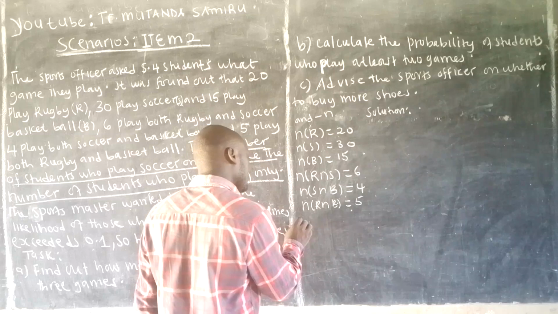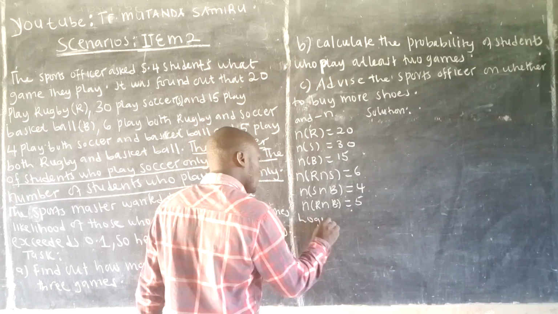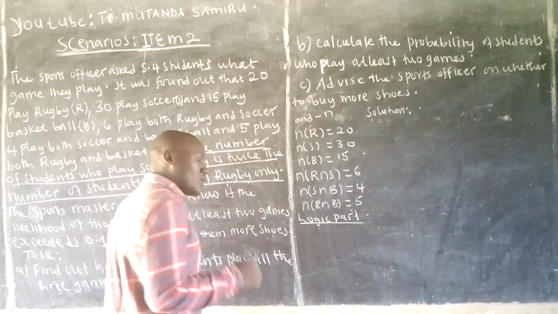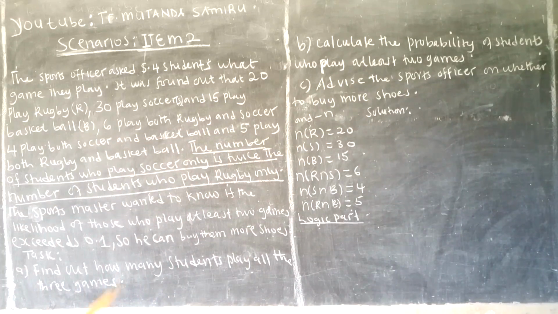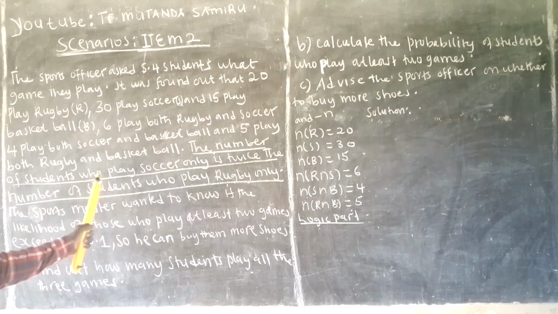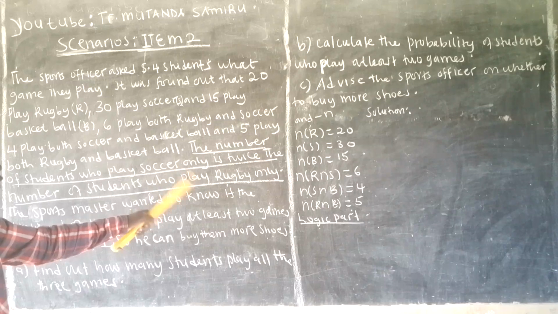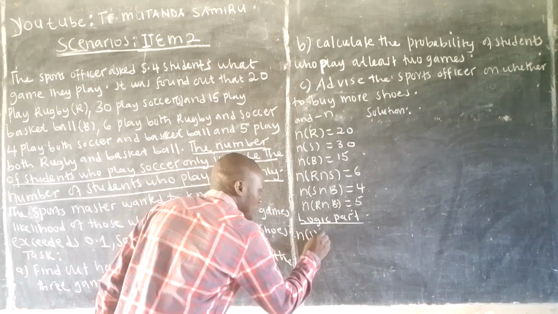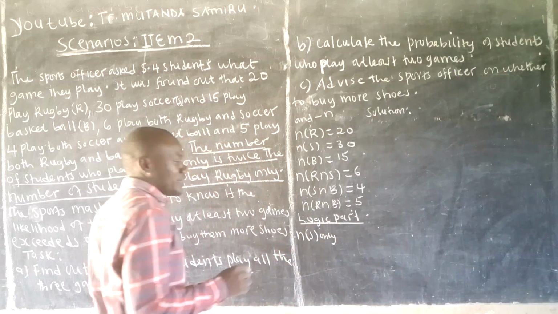So the logic part. It is special in a way. They're saying the number of students who play soccer only is twice. Allow me to write like this: number in S only, just for simplicity.